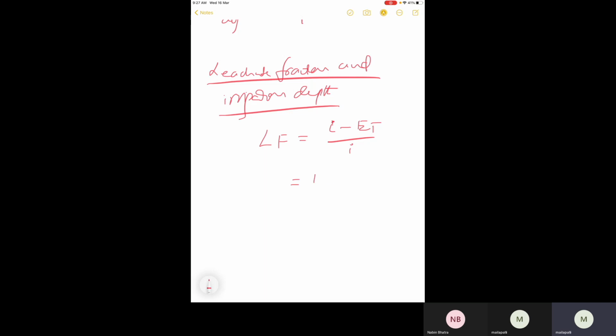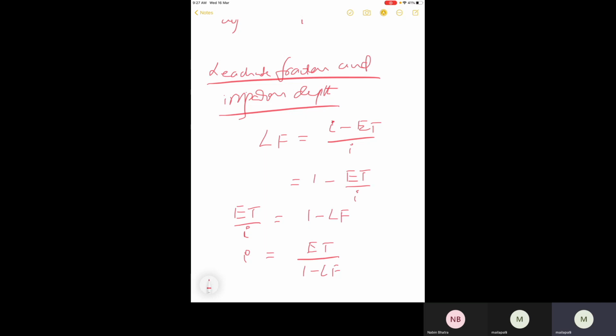So this will be 1 minus ET by I, or ET by I, which is equal to 1 minus LF. Or I is equal to ET divided by 1 minus LF.